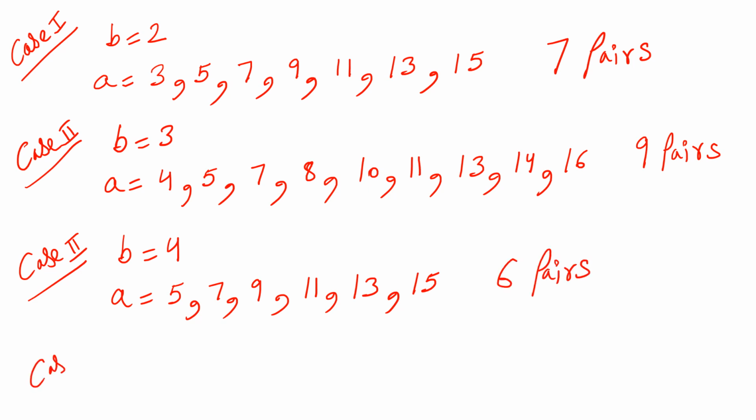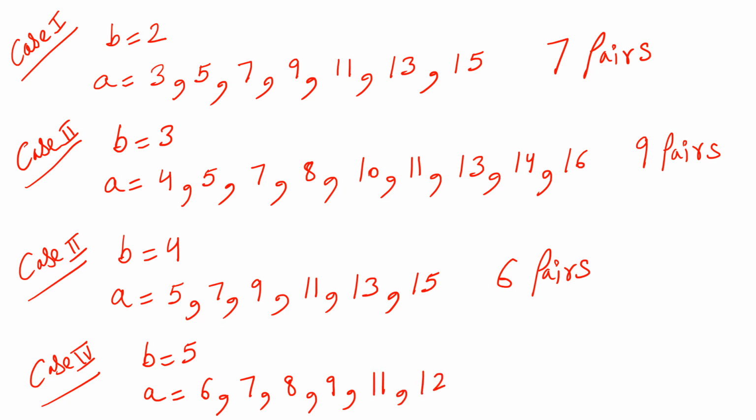And now we consider the fourth case. In the fourth case, I am taking b equal to 5. So the possible values of a are 6, 7, 8, 9, 11, 12, 13, 14, and 16. Now we have 9 such pairs.